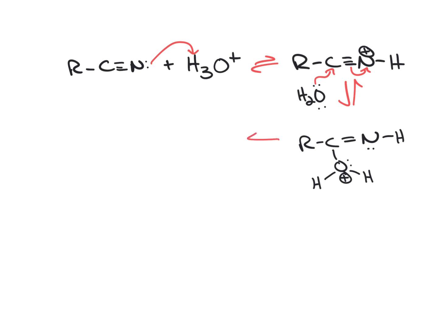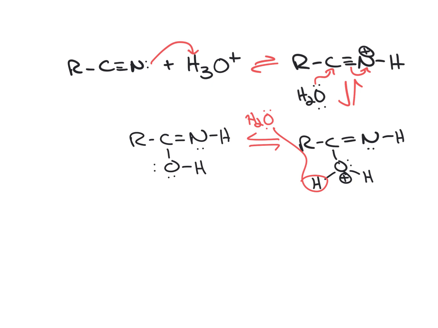There will be another proton transfer. Water can grab off this proton, giving an imine. Actually, this would be the imine version of an enol. This can get protonated again. And keep in mind, if the oxygen grabs a proton, we're just going backwards, and so that's going to happen. This is an equilibrium. But if the nitrogen grabs a proton, then we get something else.